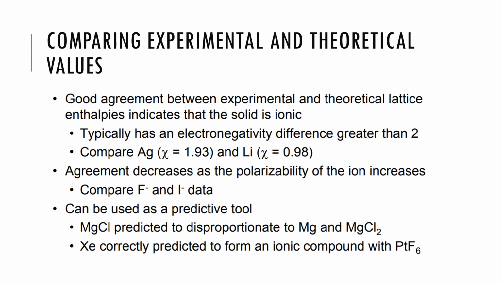So the fact that iodine is more polarizable than fluorine, you have to invoke some kind of covalency in the bonding for compounds containing large polarizable ions. And we can use the data that we obtain from these calculations as a predictive tool.